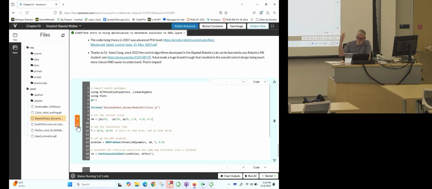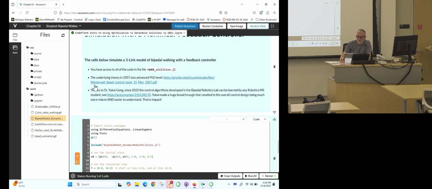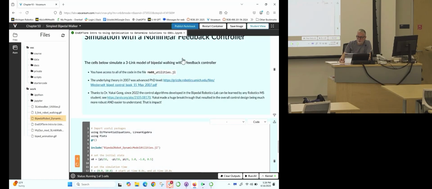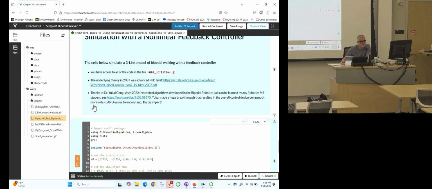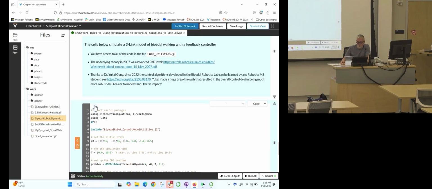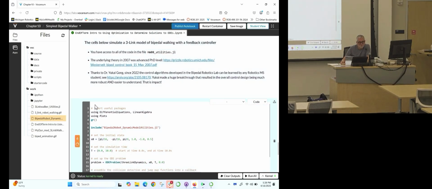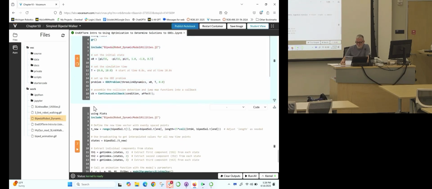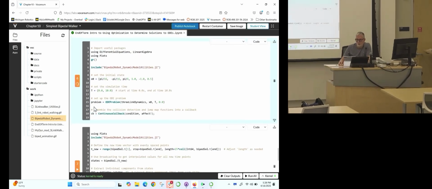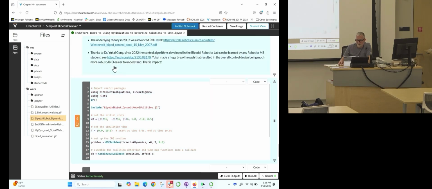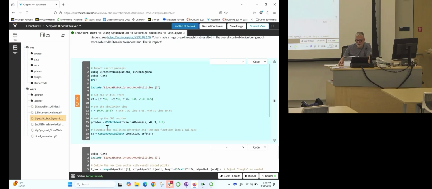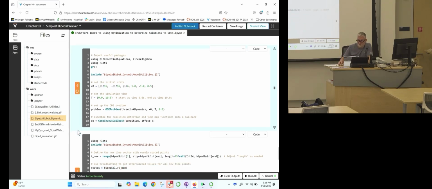Now what you can do is take this, and there are some references in here, where you guys can learn to design much better controllers than I have in here. And when you get stuck, you can come talk to me. So here, I've got a feedback controller on it, so it can do multiple steps now.